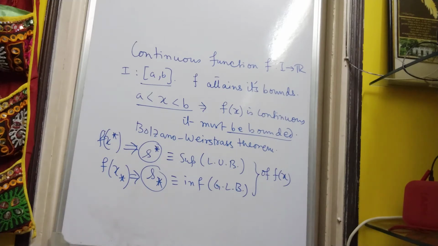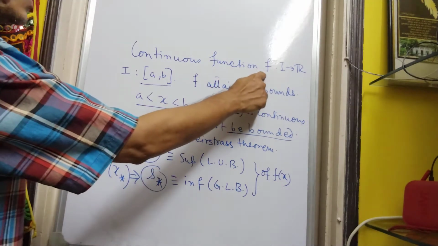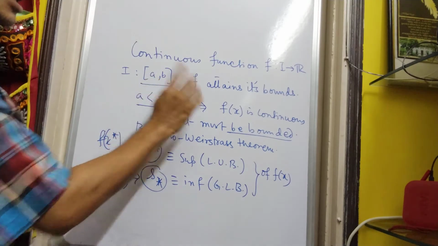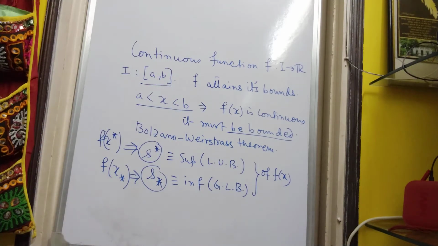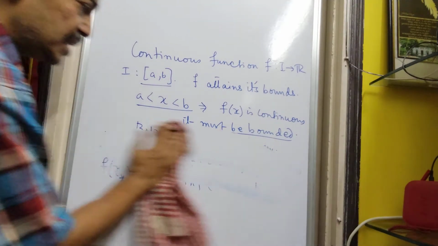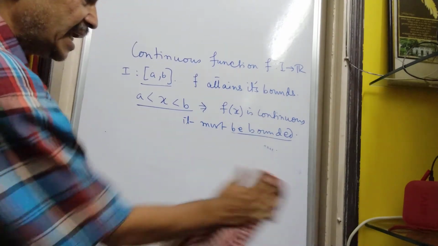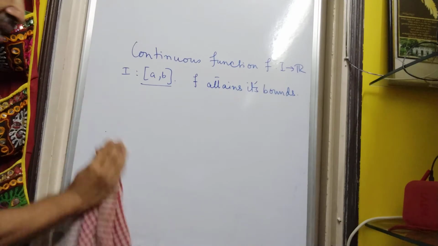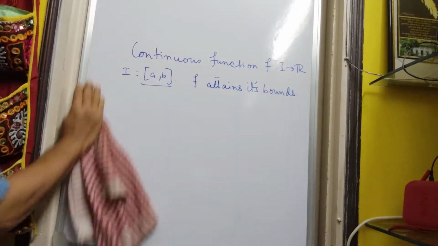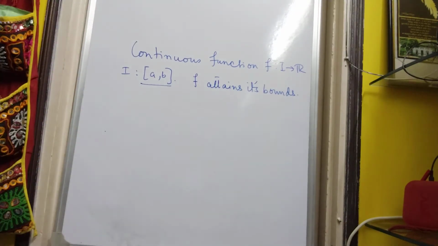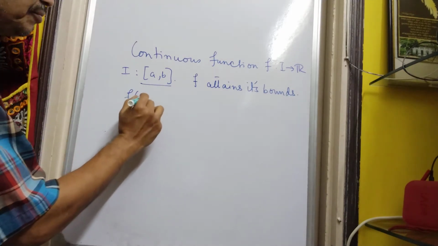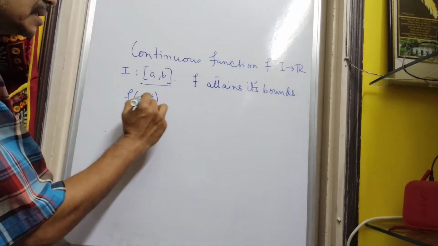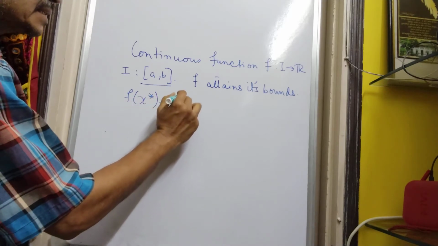So the framework is that f is a continuous function defined on a closed and bounded interval. Then we are to show that f attains its bounds within this interval. That means there is a value x star such that f of x star is equal to S star.